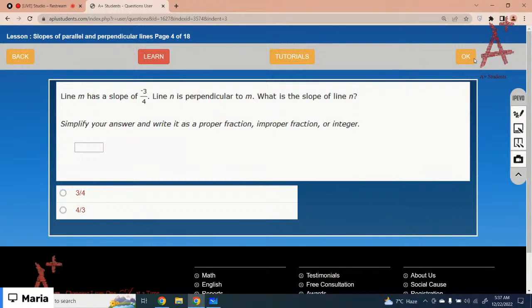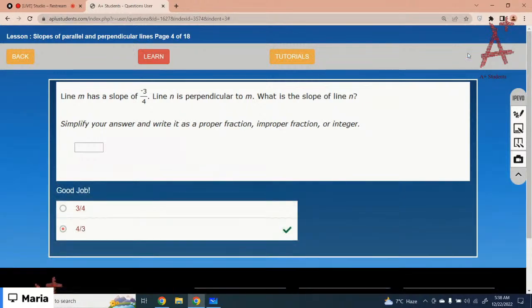So it would be 3 over 4, then 4 over 3. Take the reciprocal, and then multiply with a negative sign, so it would be 4 over 3. So just select the correct option, then click on the OK button.